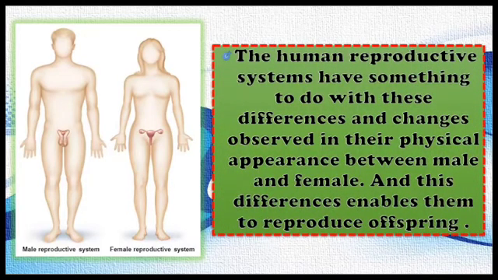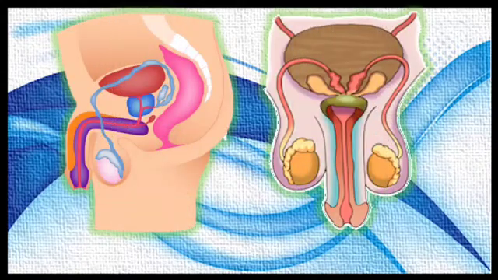So, the human reproductive systems have something to do with these differences and changes observed in physical appearance between male and female. And these differences enable them to reproduce offspring. So we have an opening activity here.